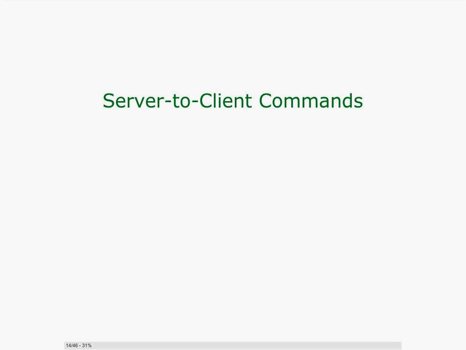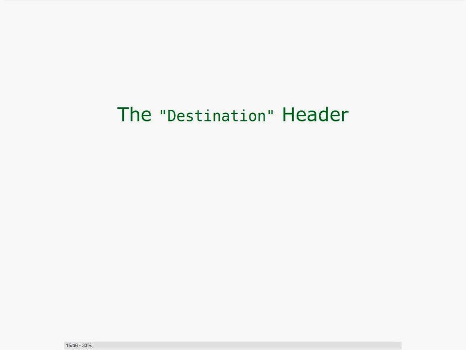For server messages to clients, we have a message command, which is the equivalent of sending a message from the server to the client. We have an error command, which the server can use to send an error to the client. And then we have receipt, ACK, and NACK that can be used to confirm the receipt of messages, or acknowledging that messages have been received from server to client.